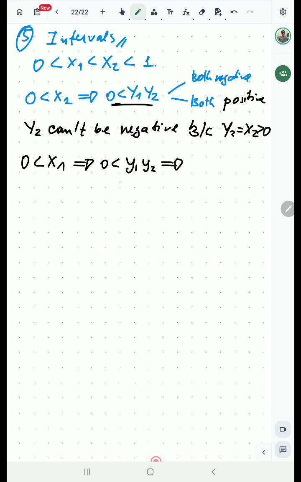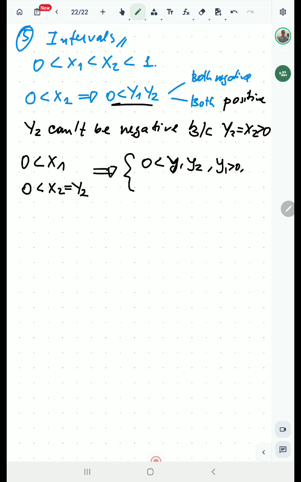And here I should add 0 less than x2, which is equal to y2. So these two things jointly imply that y1 times y2 is greater than 0, and y1 is positive, y2 is positive.